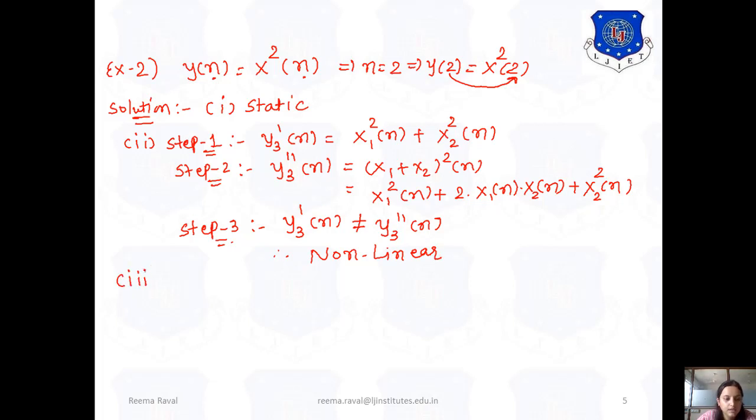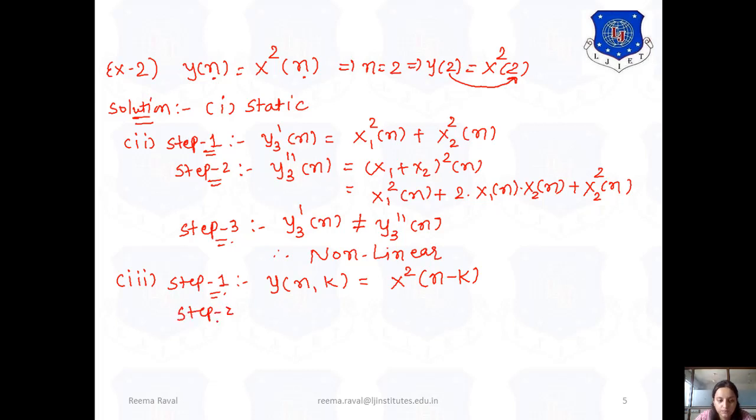Then number 3, the third property is to find out whether the system is time variant or time invariant. For that, step 1, we need to delay the input by k samples, and we will denote it as y of n comma k, that is equal to x square of n minus k.